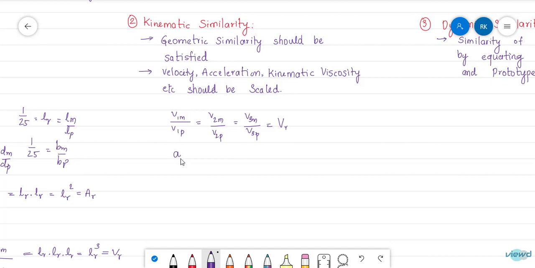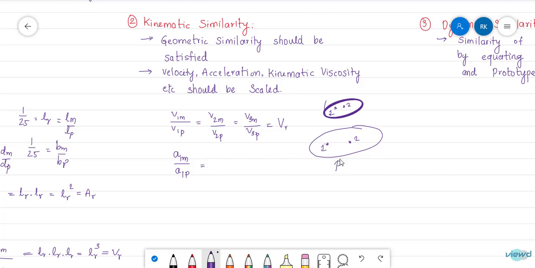Then next, acceleration. Similarly for acceleration, a1m by a1p, that means at any point. So at this point 1, this point 2. Velocity at this point is v1m, velocity at this point is v2m. So this is prototype, and this is point 1, this is point 2.